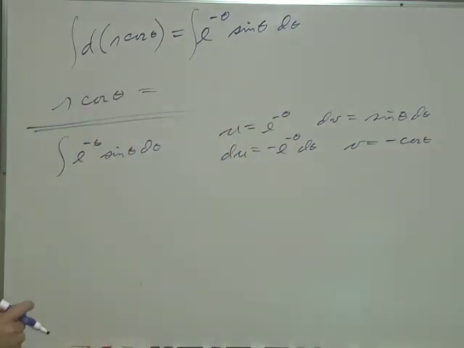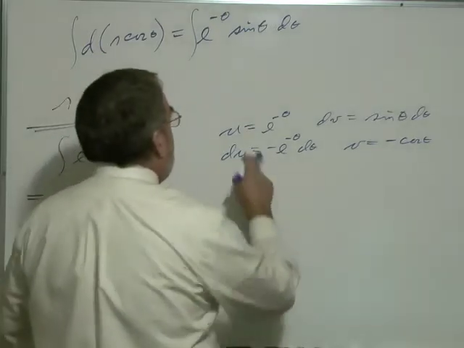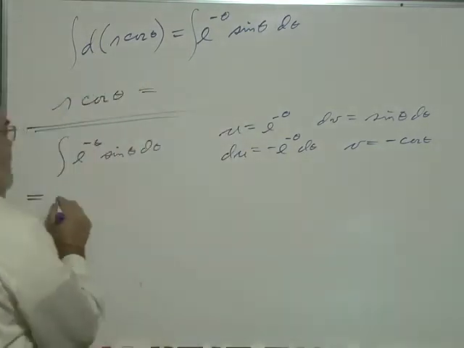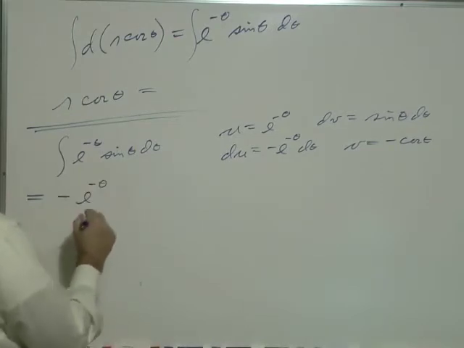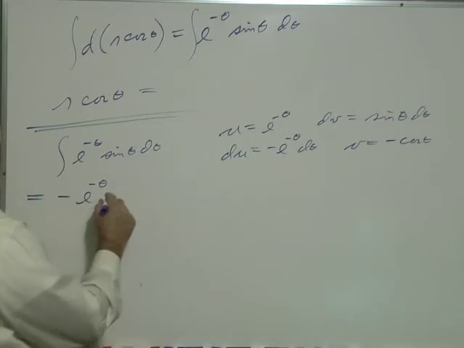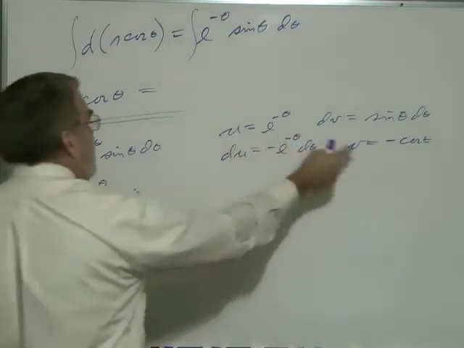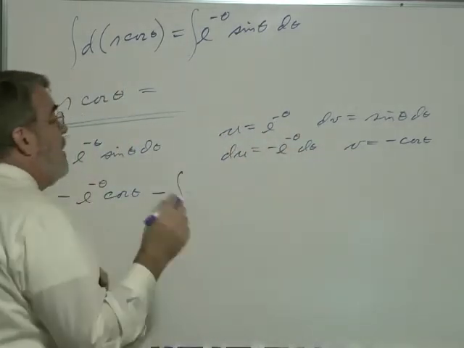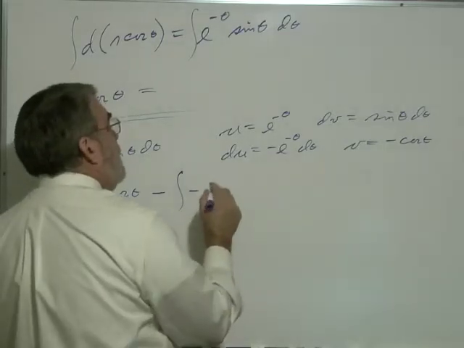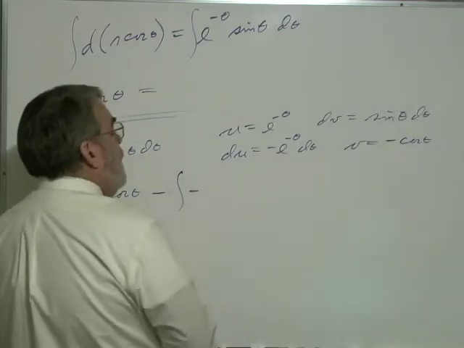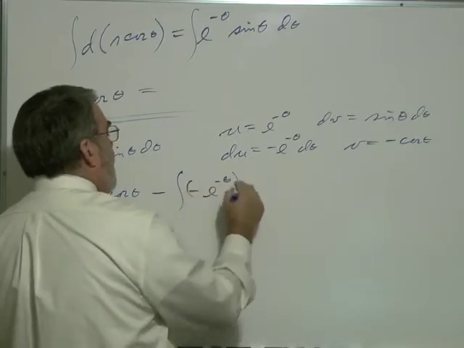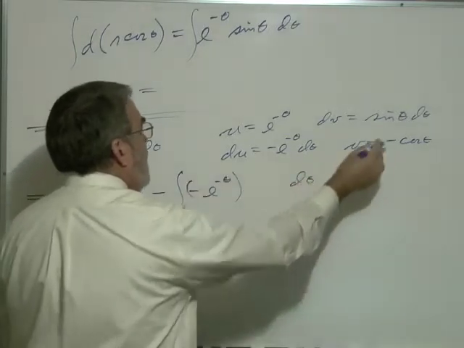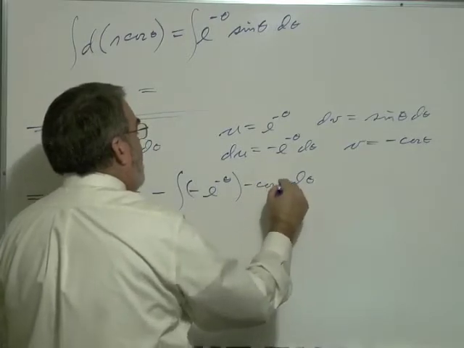So this integration by parts will be u times v, which is negative e to the negative theta times cosine theta, minus the integral of v du. So du is negative e to the negative theta times d theta, and v is negative cosine theta.